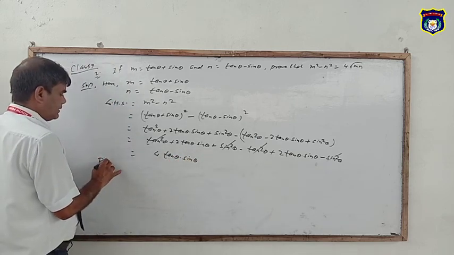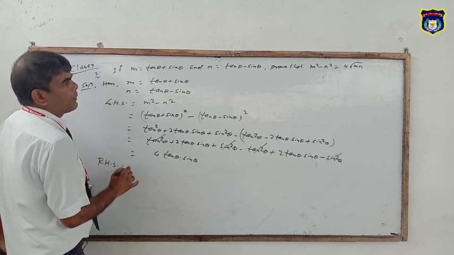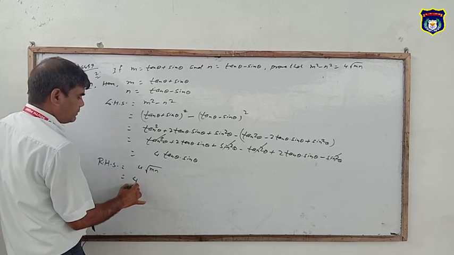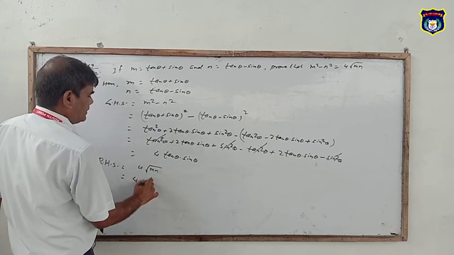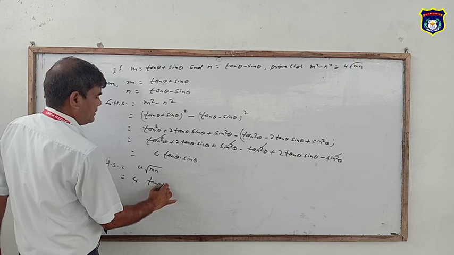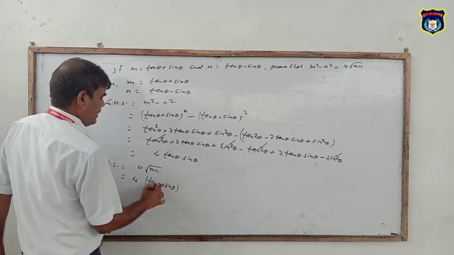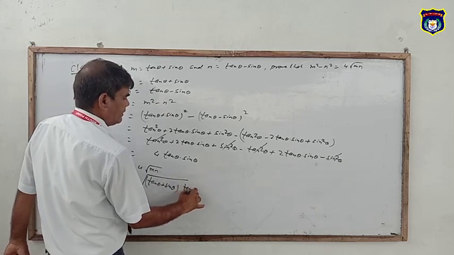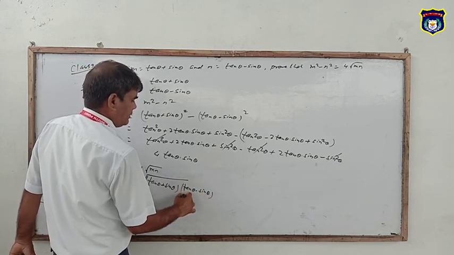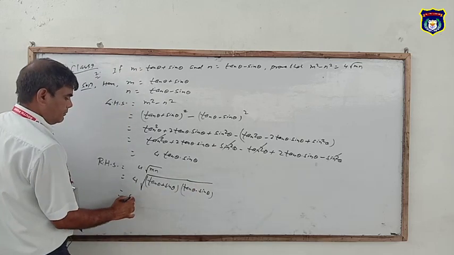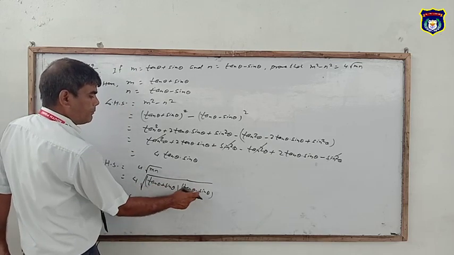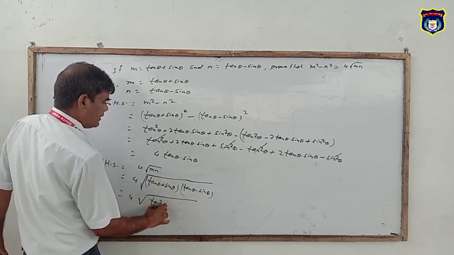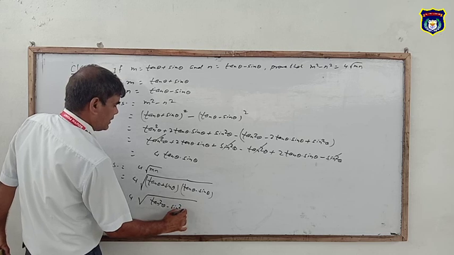Now RHS. In RHS, 4 root mn. So this is 4 root, the value of m is tan theta plus sin theta, and n is tan theta minus sin theta. So this is 4 root, a plus b, a minus b, a square minus b square, tan square theta minus sin square theta.